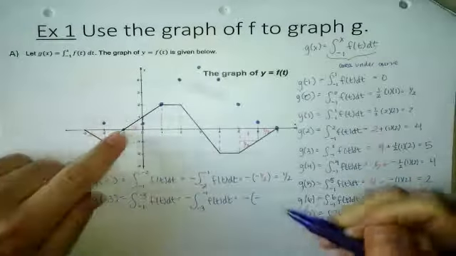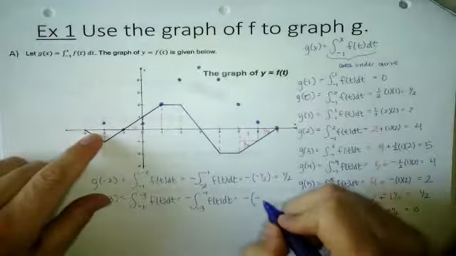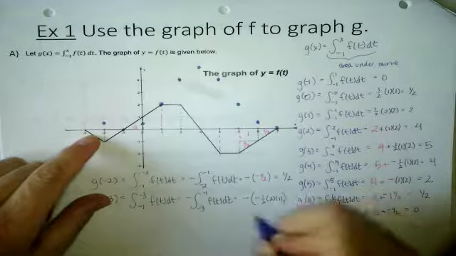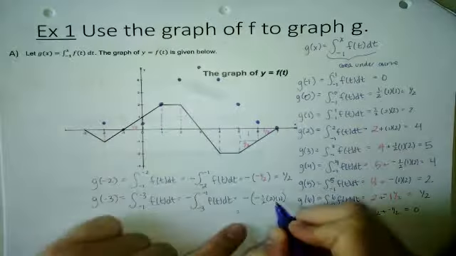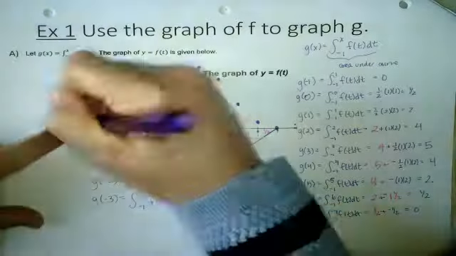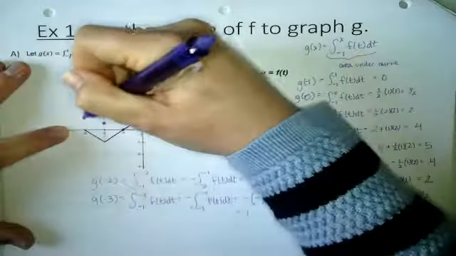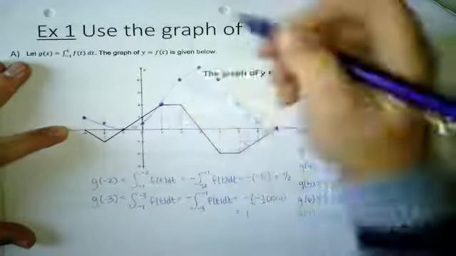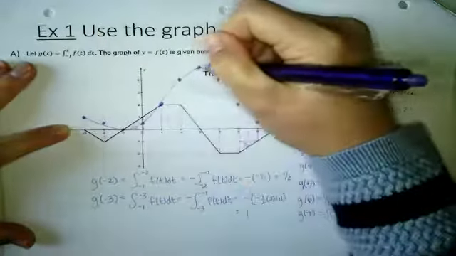And it's again a triangle, so 1/2 times the base of 2 times the height of 1. And that gives me 1. So -3, 1. So this is connecting in a nice smooth curve here. Sort of.